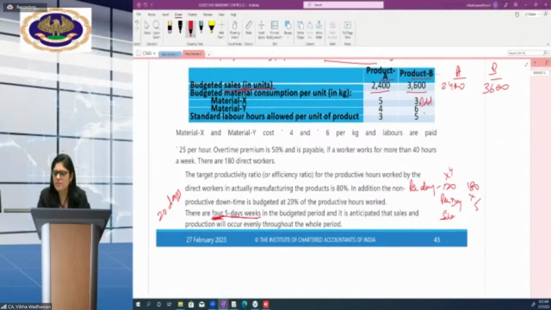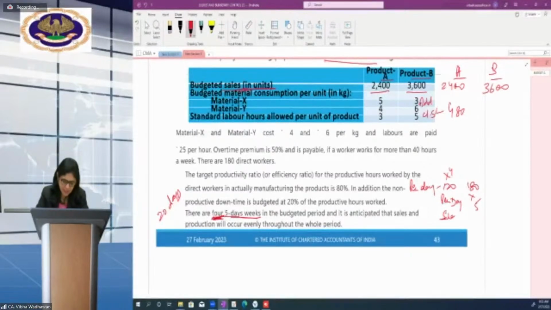Closing stock: per day sale 120 into 4-day sale is the closing stock for product A, 480. 480 is the closing stock of product A, 4 days of sales. Per day sale we have calculated; there are 20 total days in the budgeted period, and 2,400 is the total sales, right?